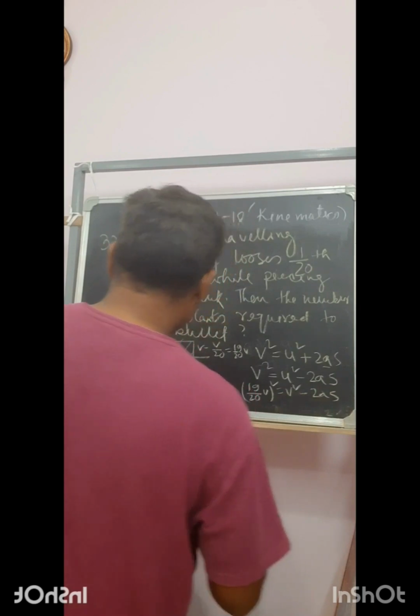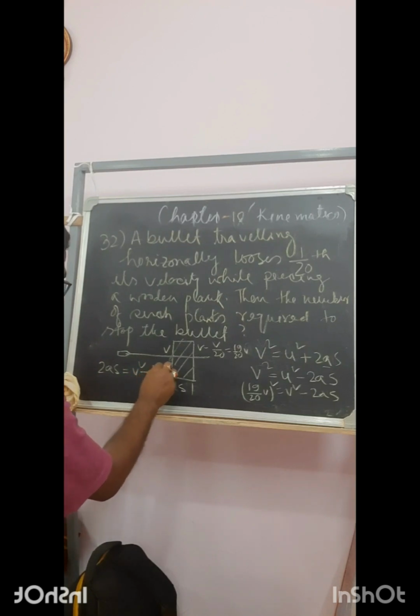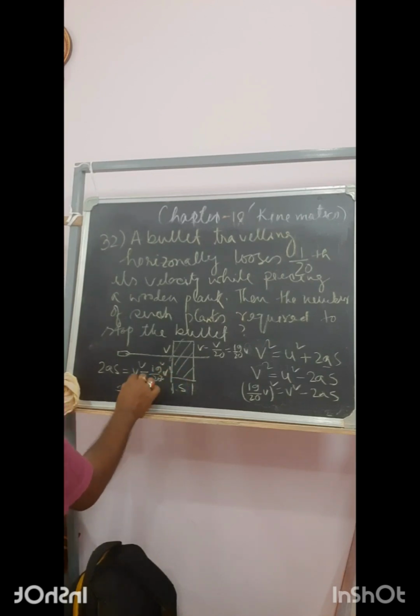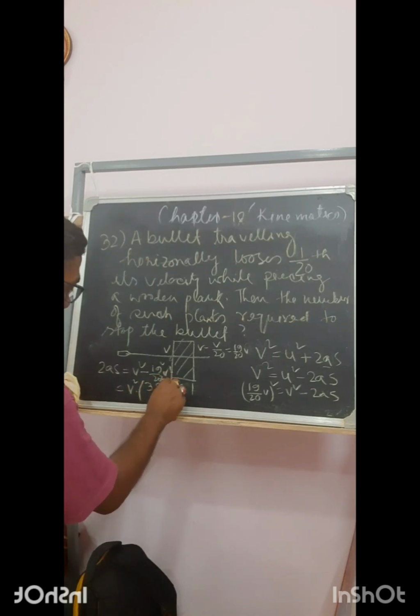u will be the v square is equal to 2as. So here, what is 2as? It is equal to v square minus 19 square by 20 square into v square. Now if I take v square common, it will be 20 square by 19 square, the 20 plus 19 is equal to 39, minus will give you 1, so that will be 20 square.